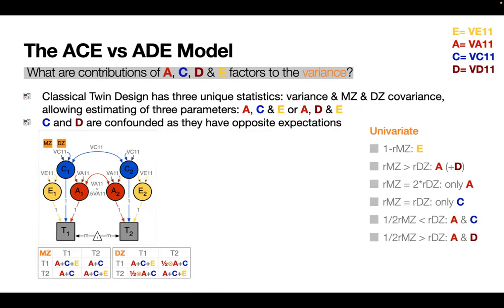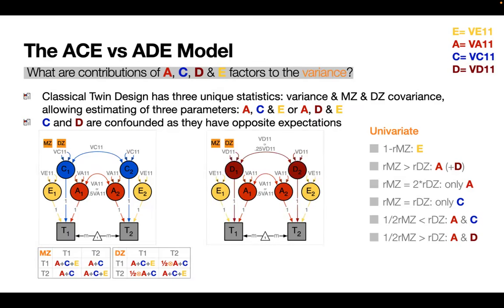The alternative model that we can fit to twin data is the ADE model. And again, we can simply use the rules of path analysis to work out the expectations.